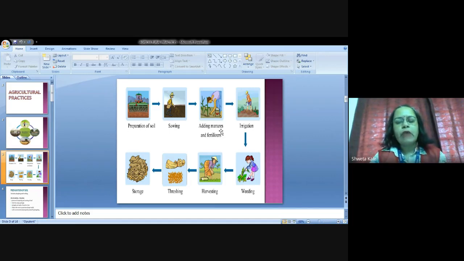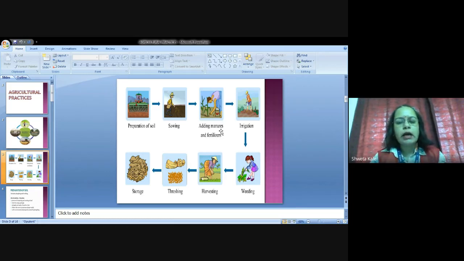After weeding, after removing unwanted plants, when your crop grows to the fullest, then the time comes for its harvesting. That is separating the crop from the soil. It is called harvesting, or cutting of the crop is called harvesting.